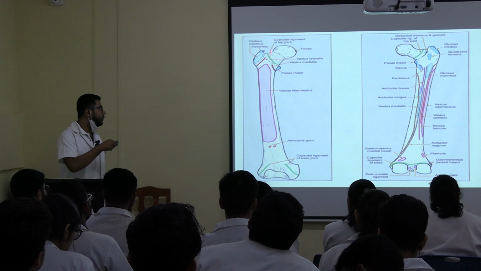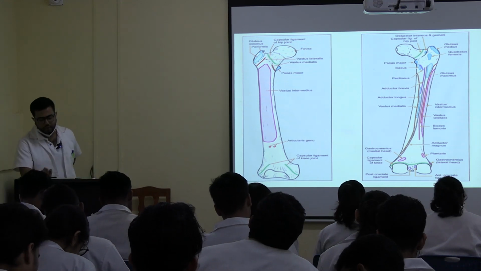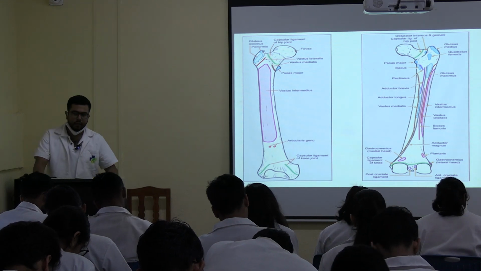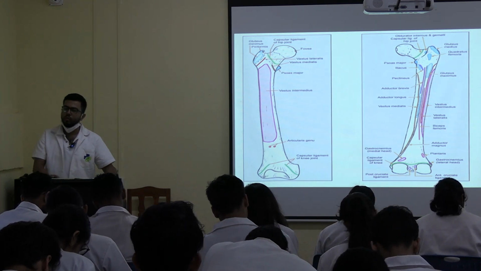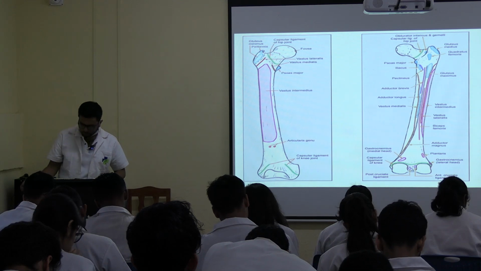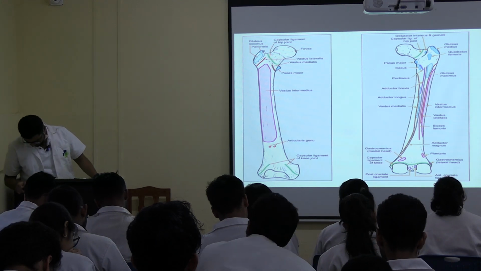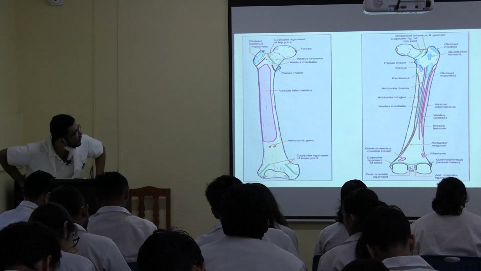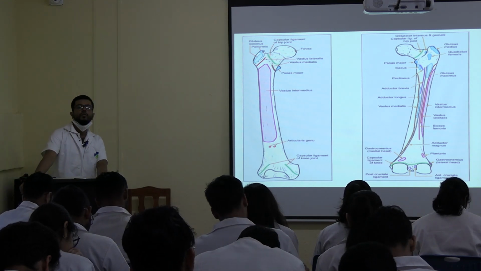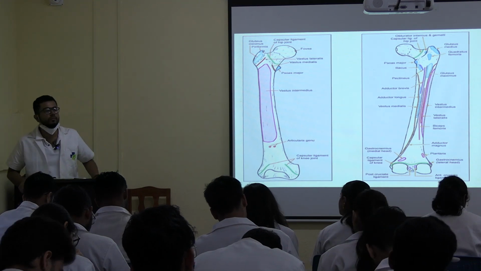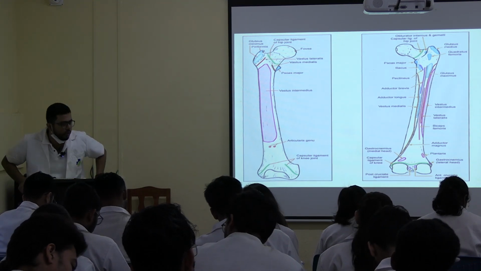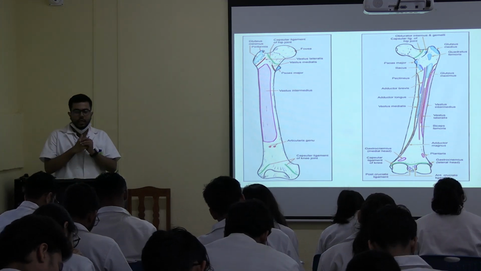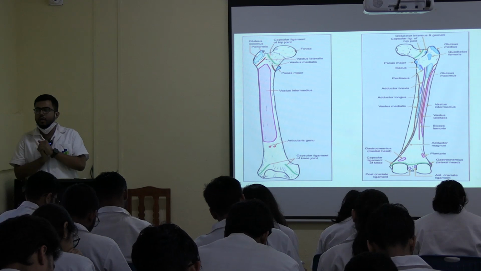So it takes origin from the upper end of intertrochanteric line, then on the anterior aspect and below the greater trochanter, then posteriorly on the lateral side of gluteal tuberosity, then on the lateral lip of linea aspera.